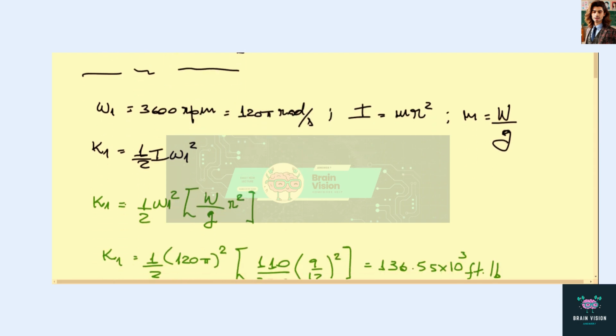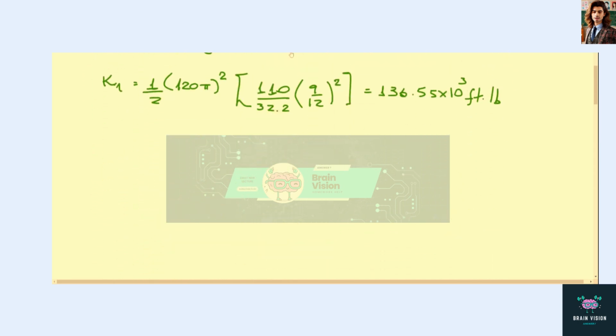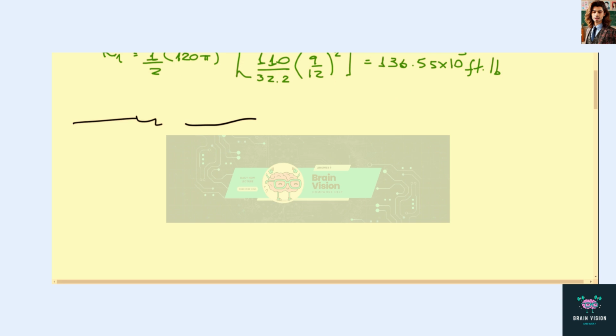Okay, so now that we have the kinetic energy 1, we just need to calculate the potential energy and then the final kinetic energy. So let's begin with the potential energy. The potential energy, let's put here U, is going to be described as the torque or moment multiplied by the difference in the angle.